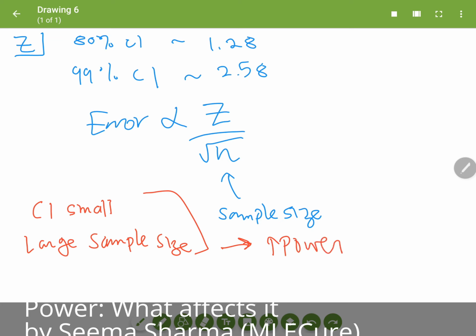So say you had an unacceptable error in your study. An easy way to correct it, and what a lot of people do, is just increase the sample size, and that diminishes the error. So error diminishes with increased sample size.